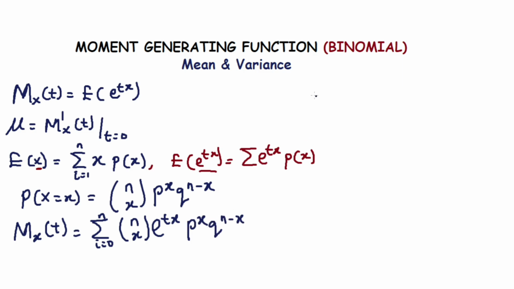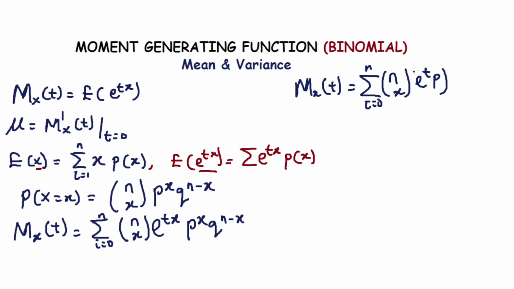We can categorize all of this as M_X(t) before we even think of putting the 0. So this will be the summation from 0 to n of n combination x of (e^t p) all together to the power of x, because they both have power of x, then q^(n minus x).